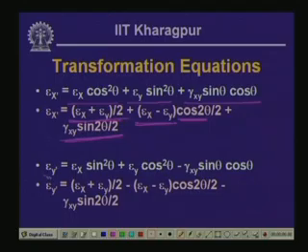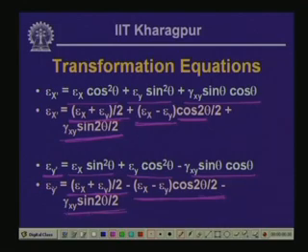Thereby epsilon y dashed is equal to epsilon x sin square theta plus epsilon y cos square theta minus gamma xy sin theta cos theta, which eventually comes as epsilon x plus epsilon y by 2 minus epsilon x minus epsilon y times cos 2 theta by 2 minus gamma xy sin 2 theta by 2. So, these are the values of the strain with reference to the x dash and y dash axes.